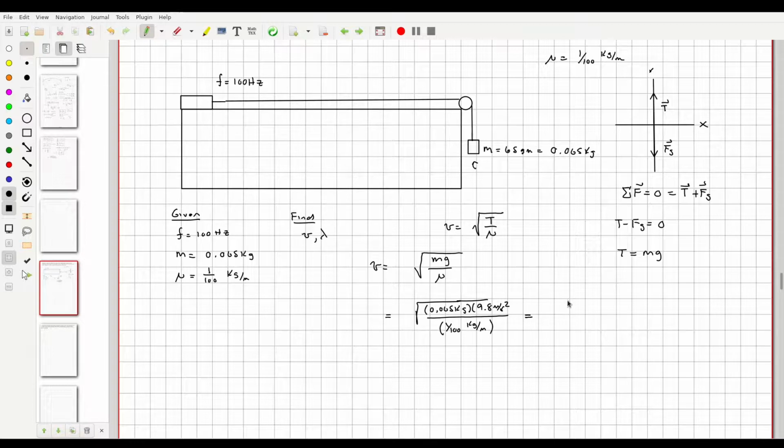Now, if you do this calculation, and let me plug this in, it's the square root of 0.065 times 9.8 divided by 1/100th.